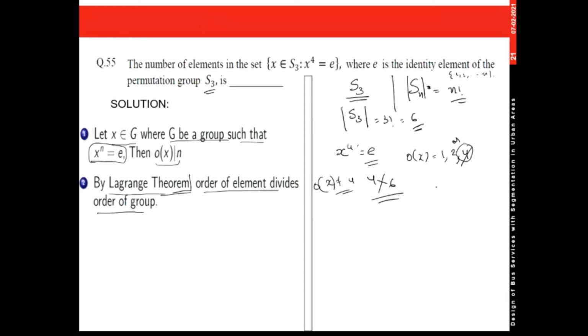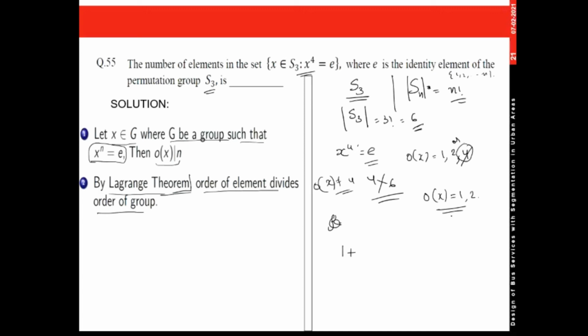Right? So now we have to find the elements in S3 such that the order of x is 1. The order of x is 1 for the identity element, so the identity element must be in this set.